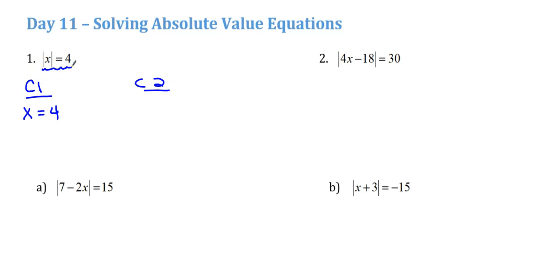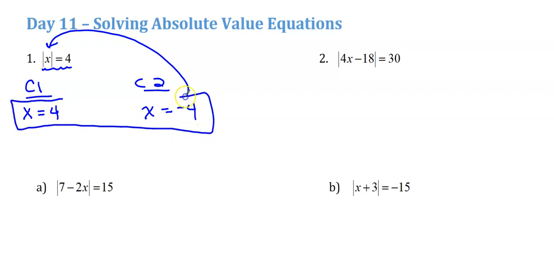And in the other situation, x could be -4. If I were to plug -4 into here, the absolute value of -4 is 4. So there are 2 separate answers here. Well, that one's pretty simple because there was nothing else going on. Let's get into a real situation.